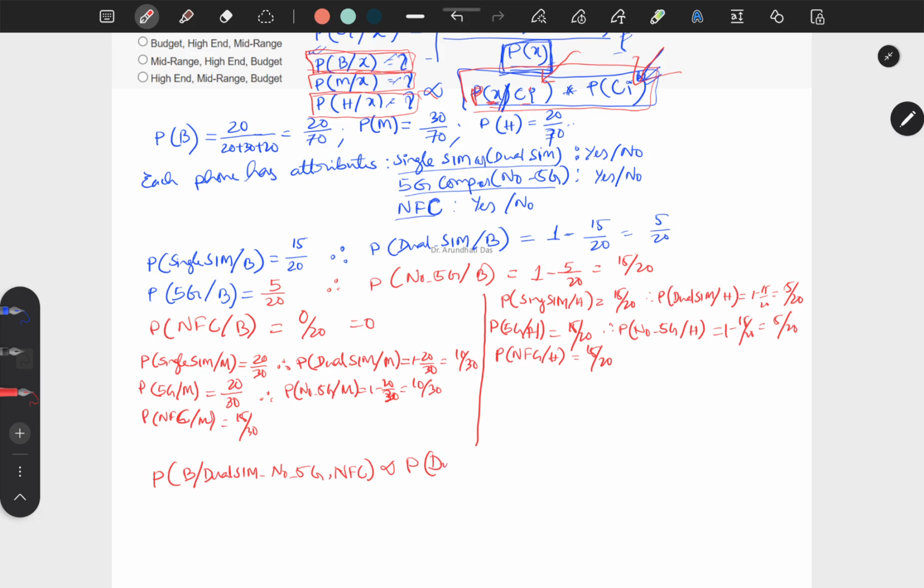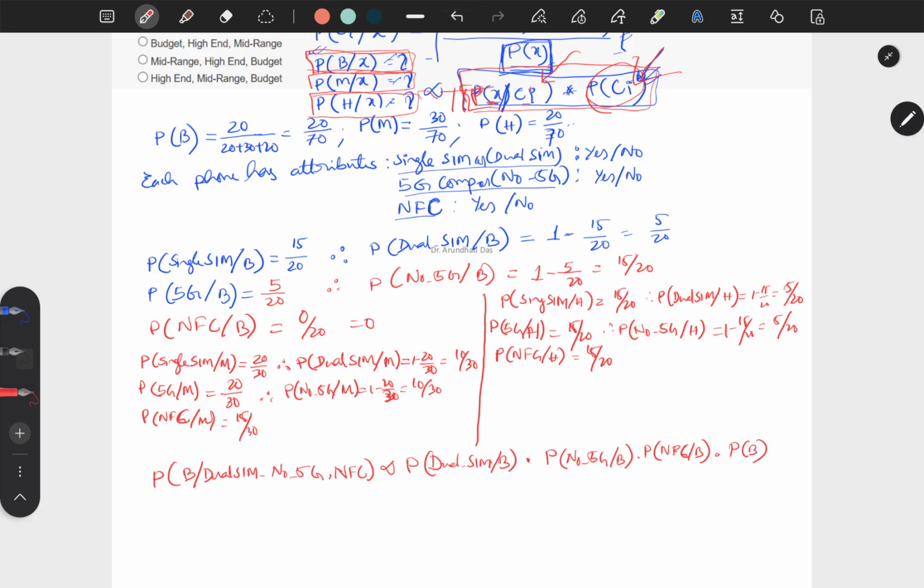The features are dual SIM given the class level, multiplied by, all these are multiplication, okay, probability of no 5G given it is budget range, probability of NFC given it is budget range, and the last one multiplied by the class level probability, that it is budget range.